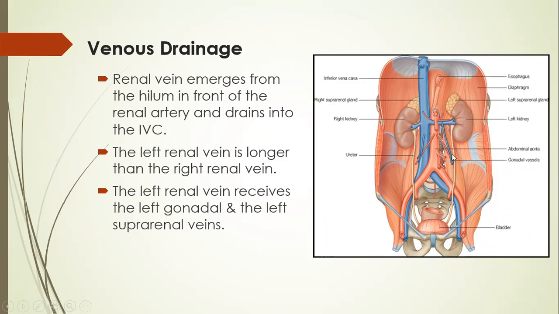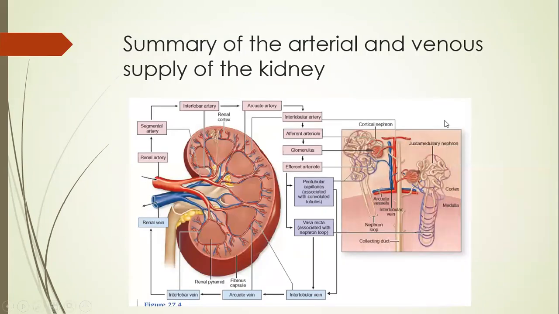This is the left gonadal vein; gonadal veins mean the veins from the testis or the ovary. These drain into the left renal vein, and the left suprarenal vein also drains into it, and because it is a long vein, all these veins drain into it.